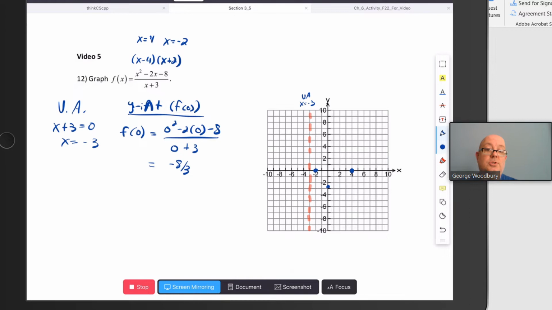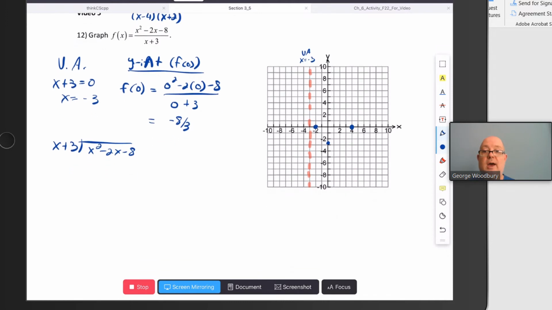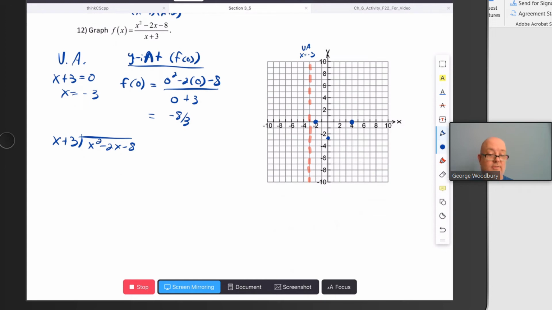The next thing that we should do is find the slant asymptote. And so what we want to do is divide x plus 3 into x squared minus 2x minus 8, but we can do that using synthetic division. So negative 3 goes in the box. The coefficients are 1, negative 2, and negative 8. Bring down the 1.